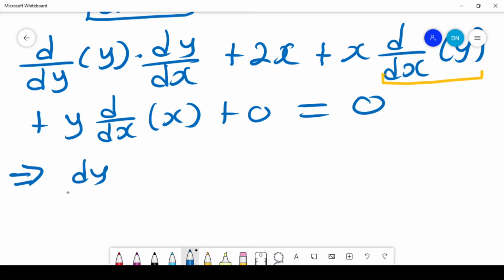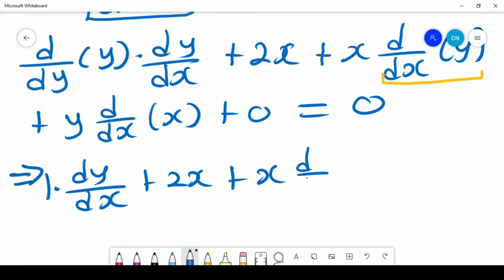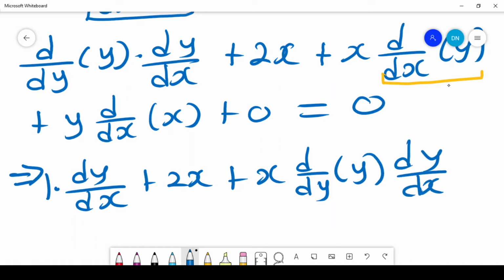So I'll be left with dy/dx, because I'll be left with 1, plus 2x, plus x times dy/dx to take care of this part, and then plus y times 1 equals 0, because d/dx of x is 1.